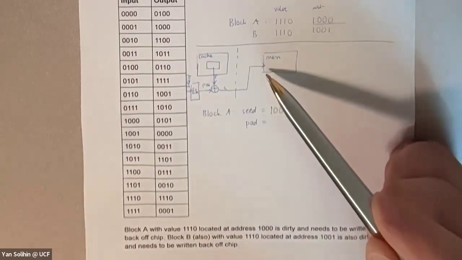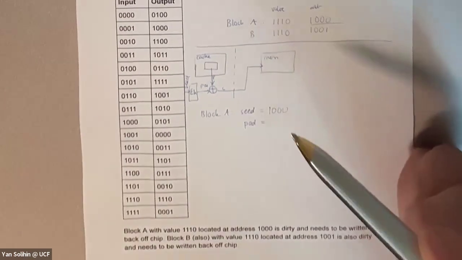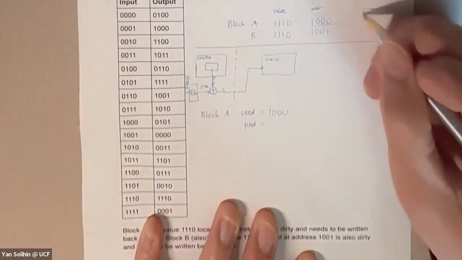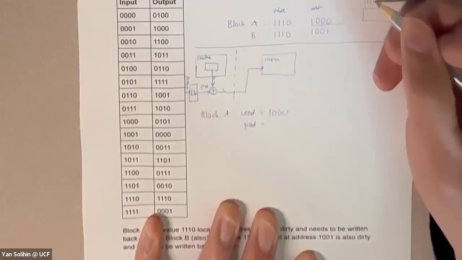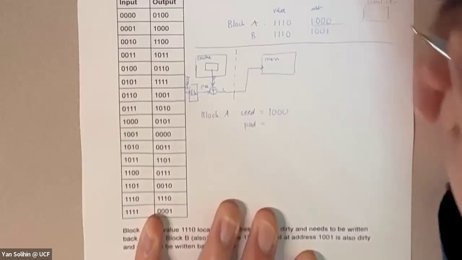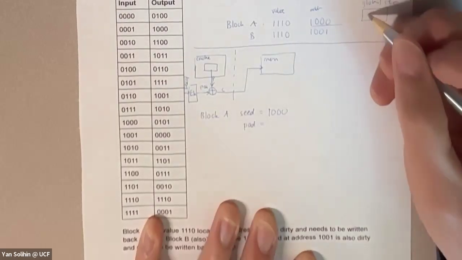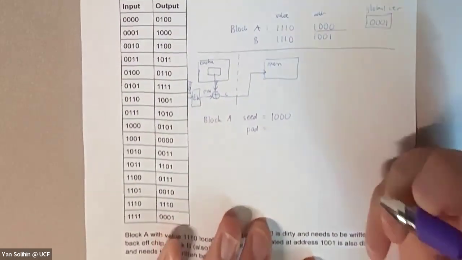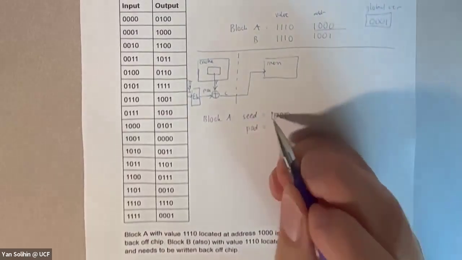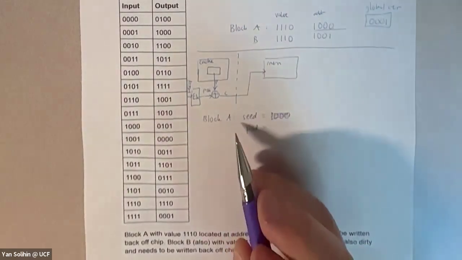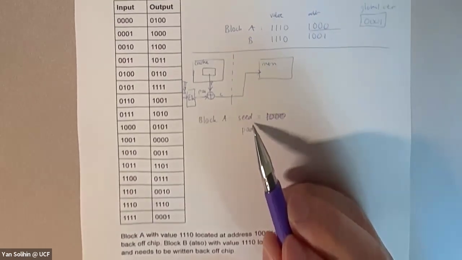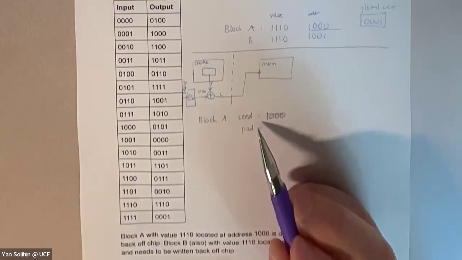All right, so let's get started. First of all, here we will have a global counter. The current value is 0001. Let's start with block A. Block A needs to be written back, and in order to do that, we have to obtain its seed.